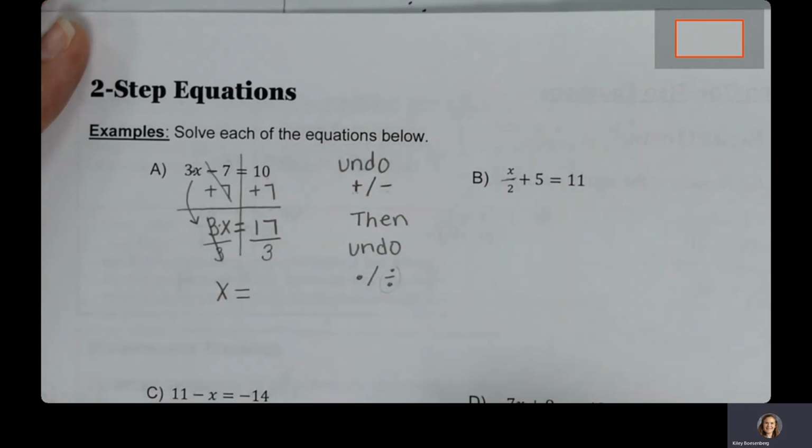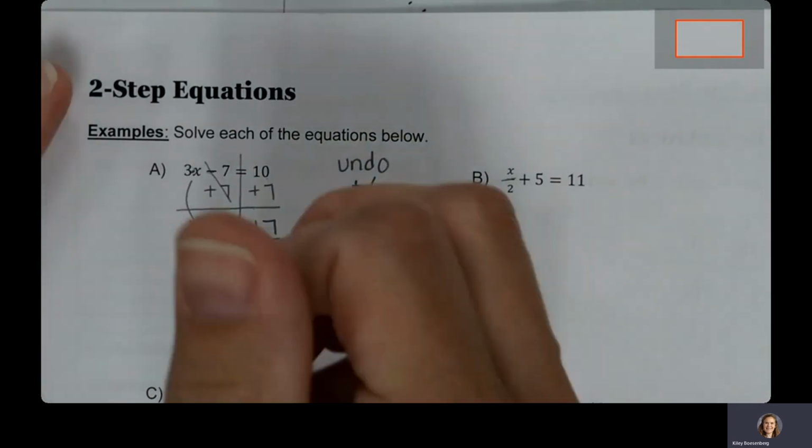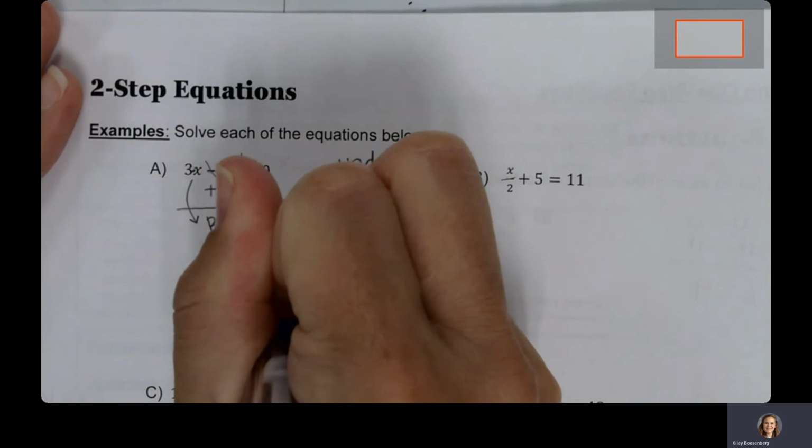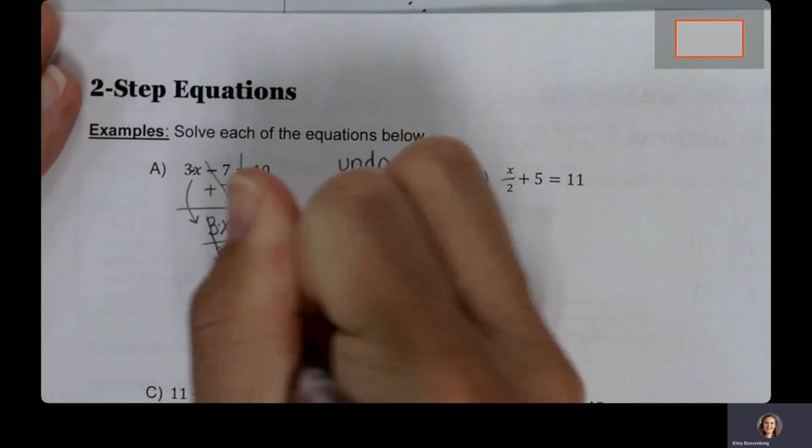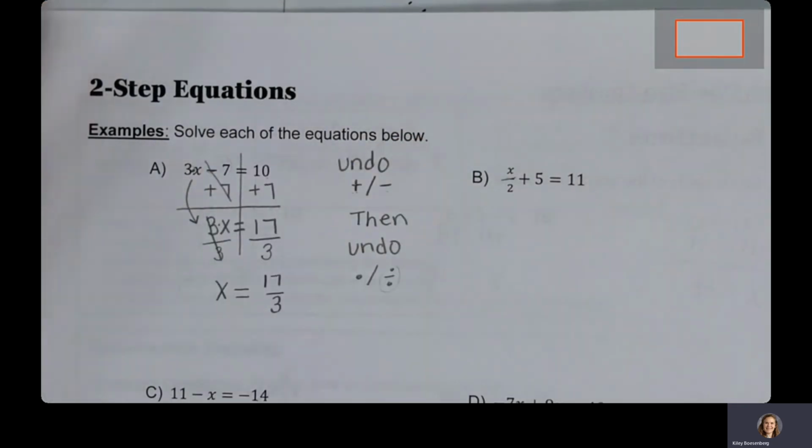And 17 doesn't divide by 3. If you take that in your calculator, it does not divide. So if it doesn't divide out to a nice pretty number, you can just leave it as the fraction 17 over 3. That's a number and that's an answer. I would rather have 17 over 3 than have 5 and 2/3, which is what it would be as a mixed number, or a decimal.